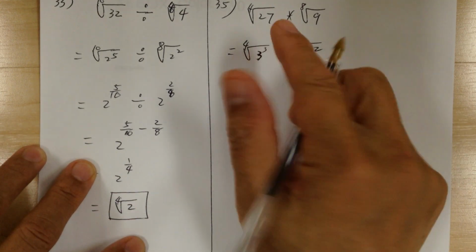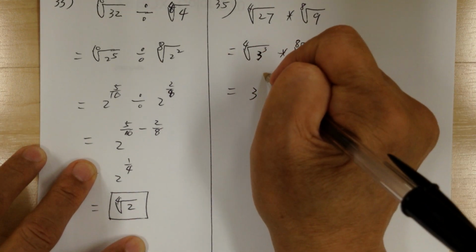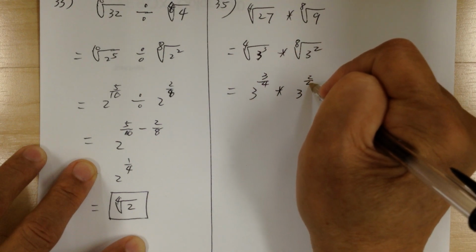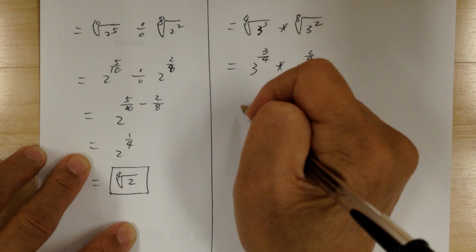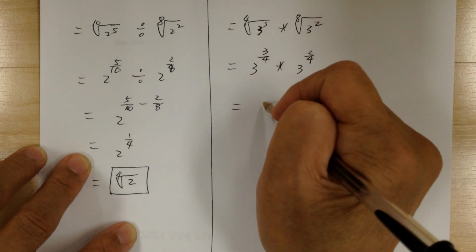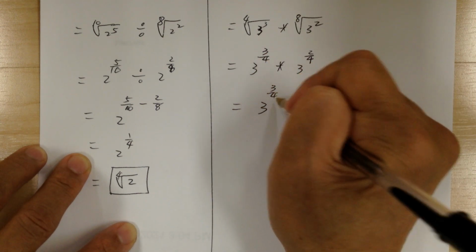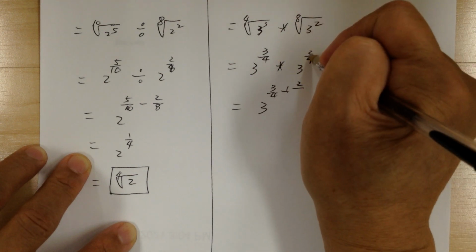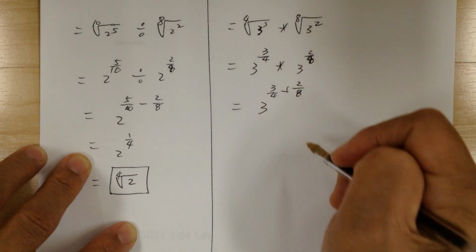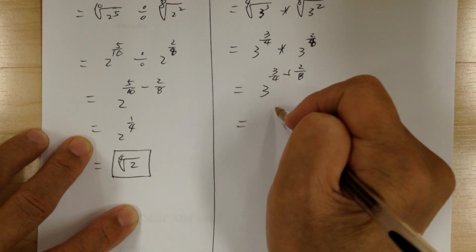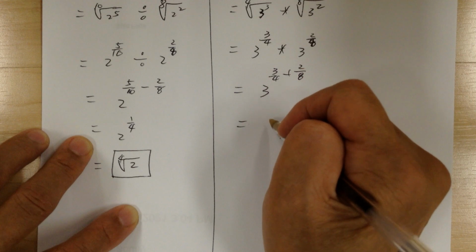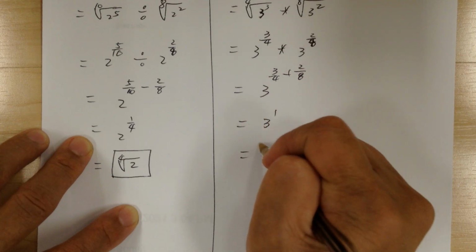And then after that, you're going to make it into exponential form. Okay. And then after that, when you multiply, you have to add the exponents together. Okay, and so when you add this, it will equal 1, right? So it'll be 3 to the 1, and so equal to 3.